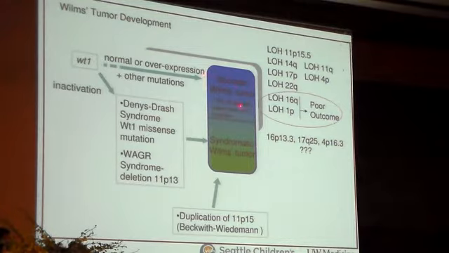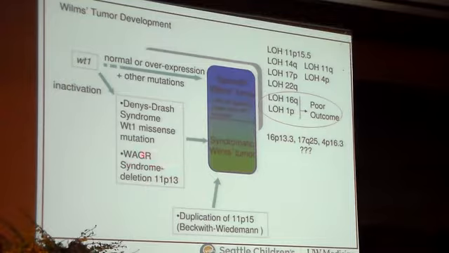Most sporadic Wilms tumors do not have any type of mutation. It's thought to be something related to WT1. Only around 15% of them have a mutation, but the ones that do are the syndromes. Denys-Drash syndrome is a WT1 mutation, and WAGR syndrome is the deletion of 11p13.